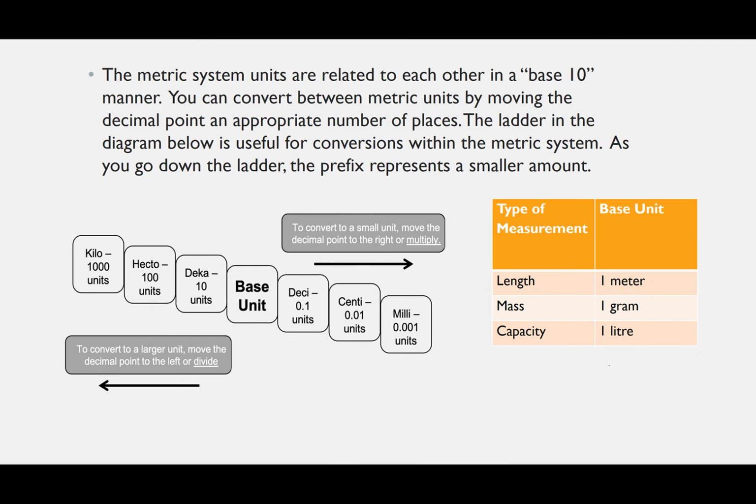The metric system units are related to each other in a base 10 manner. You can convert between metric units by moving the decimal point an appropriate number of places. The ladder in the diagram below is useful for conversions within the metric system.